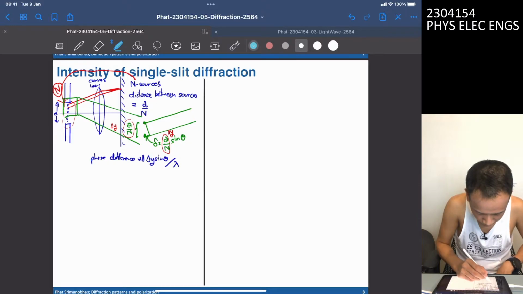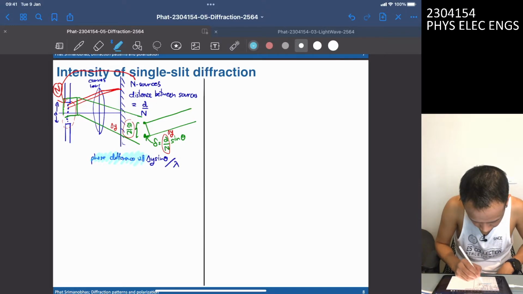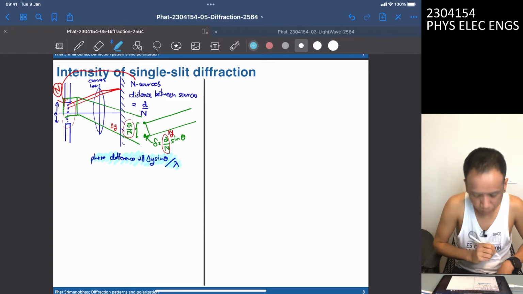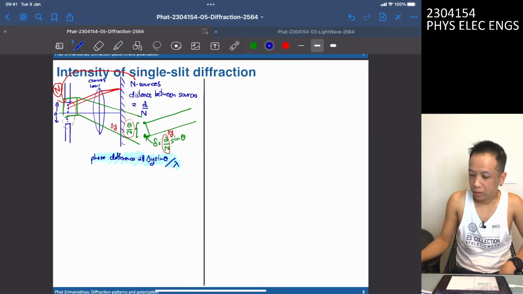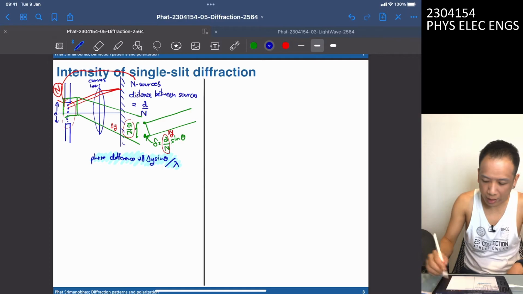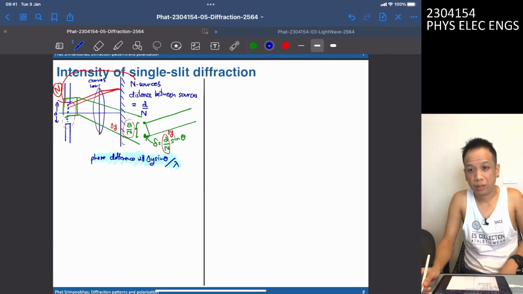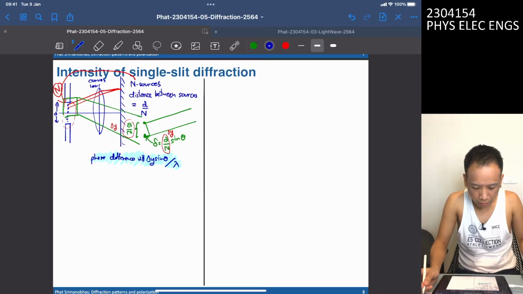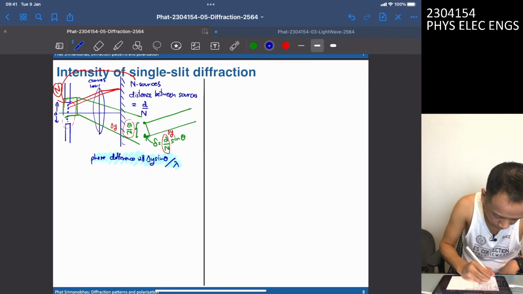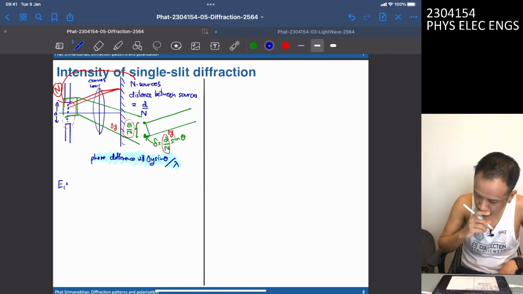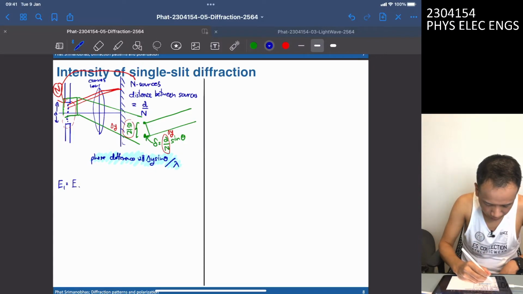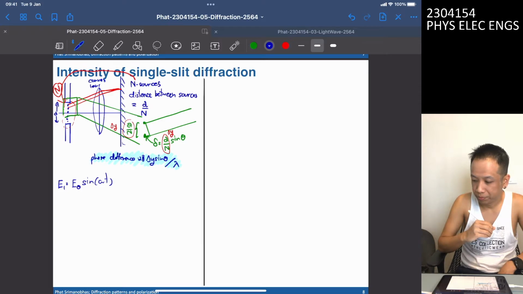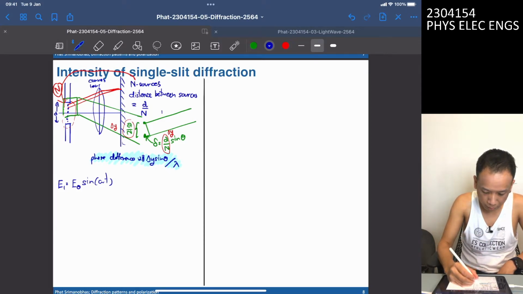Okay, let's color it. Then we start the same as the slit. So we're talking about the E. You get E1, which becomes E0 sine omega t. This is E1.